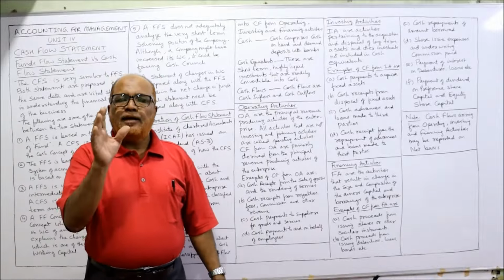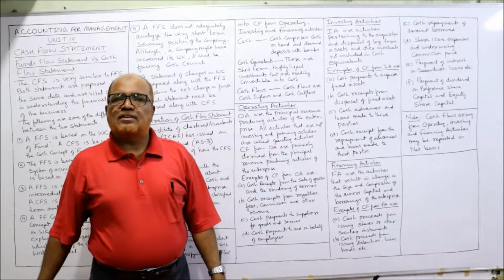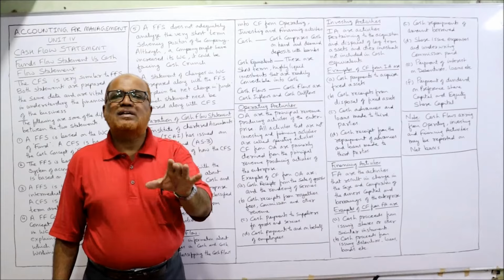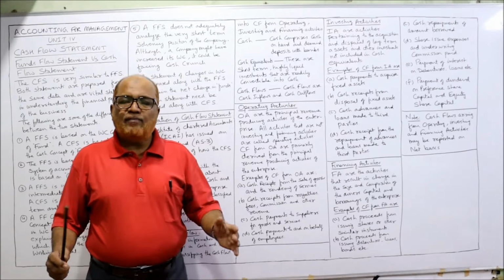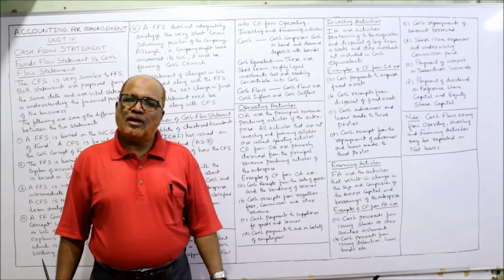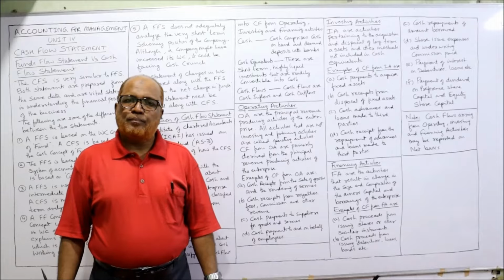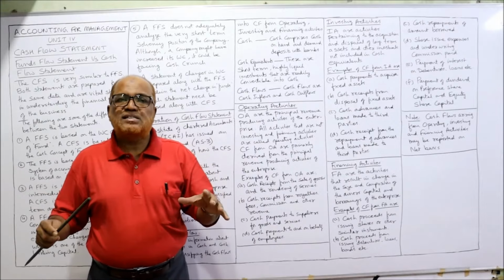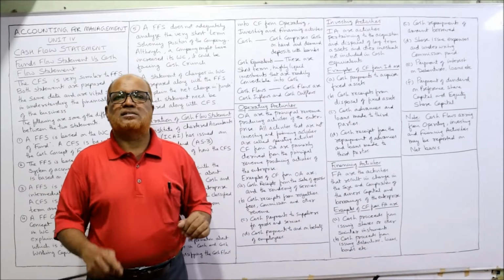Investing activity is concerned with purchasing or disposal of fixed assets. Every business will use a number of fixed assets like machinery, equipment, furniture, building, vehicles. All these are the fixed assets, non-current assets.